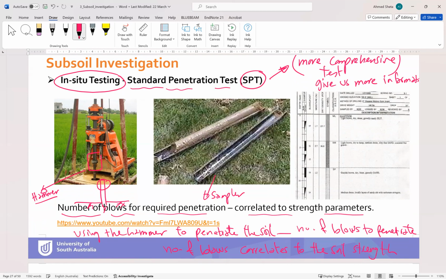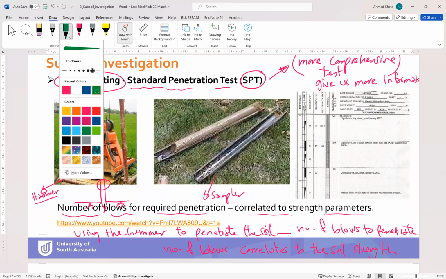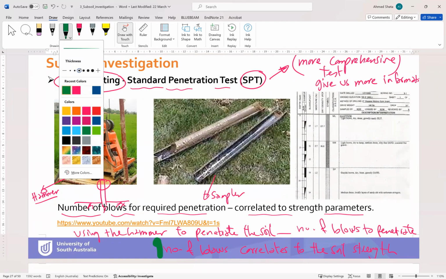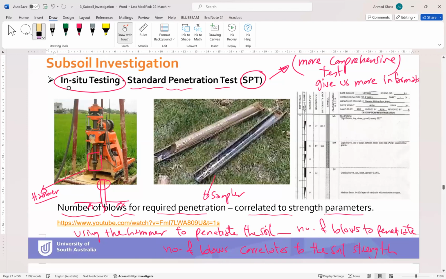If I ask you what happens when we have a high number of blows, this means high strength. The higher the number of blows, the higher the soil strength.